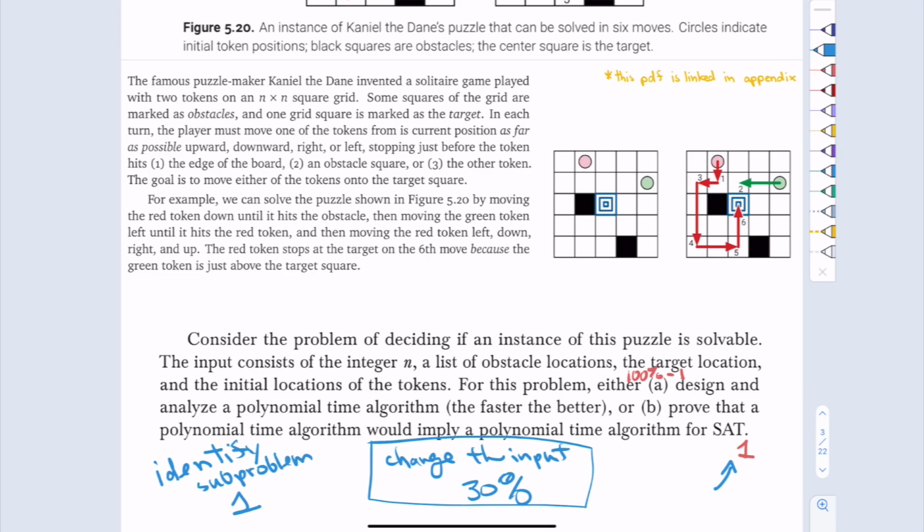Each link will have n squared edges. So how many total edges are there?